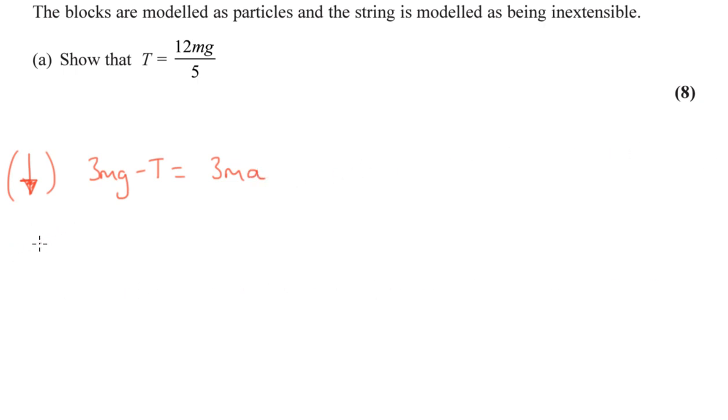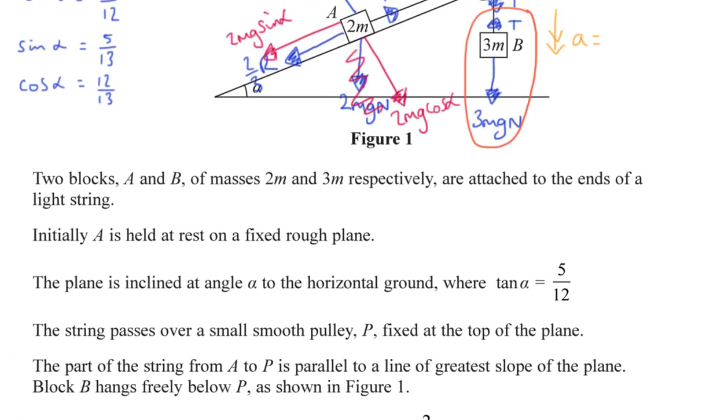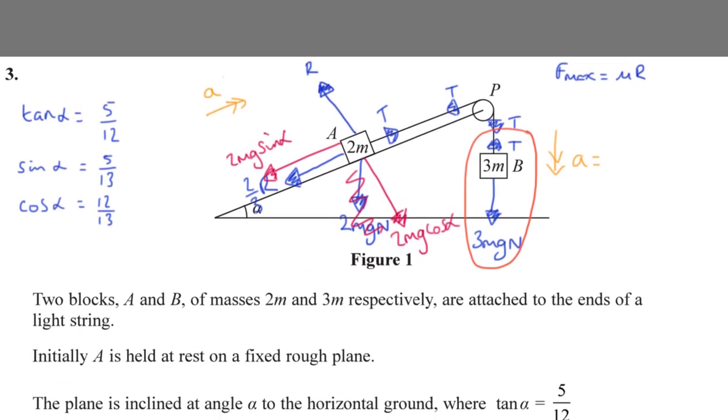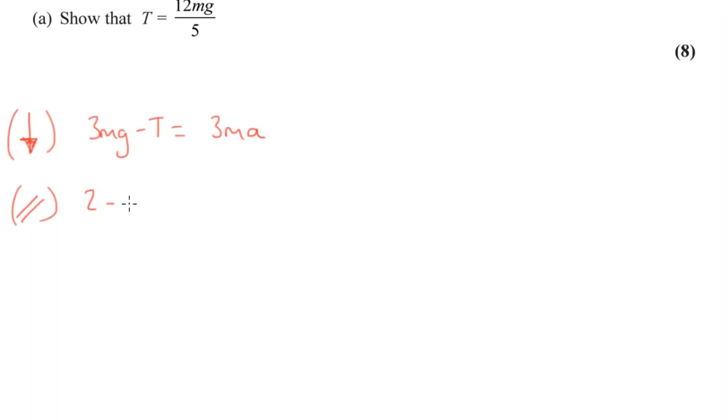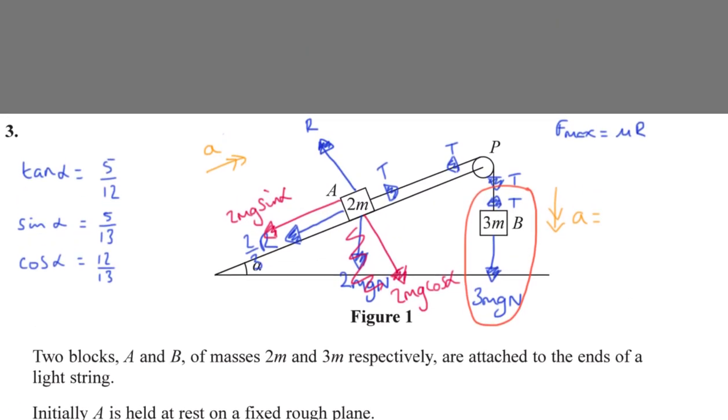I'm going to look at forces parallel to the plane. That's these forces here. I know that T minus 2mg sine alpha and minus 2/3 R are going to equal 2ma.